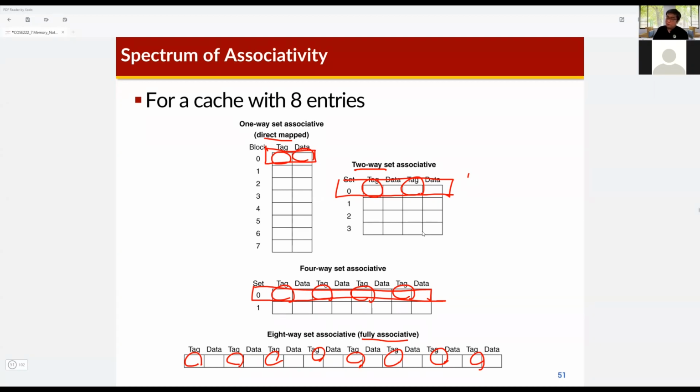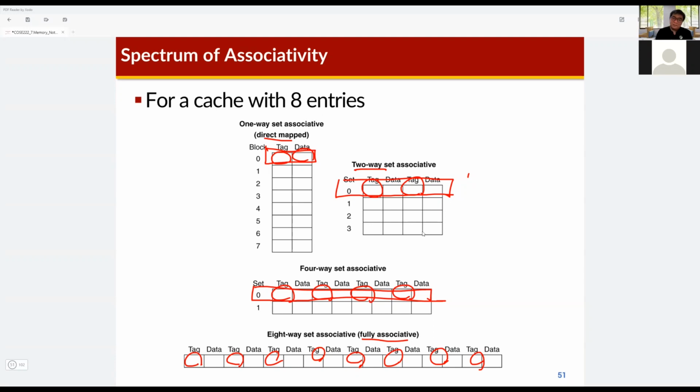Actually, in the fully associative cache there is no concept of a set, but I use the terminology set for better explanation. In the fully associative cache, one set includes the entire cache lines.